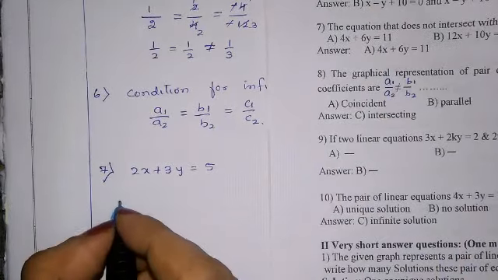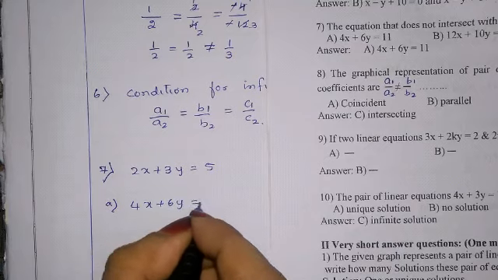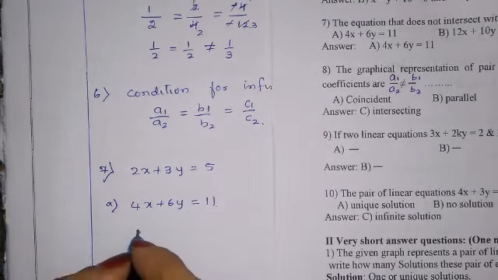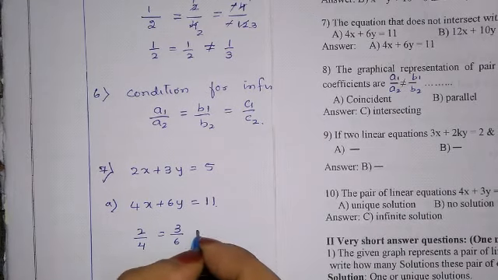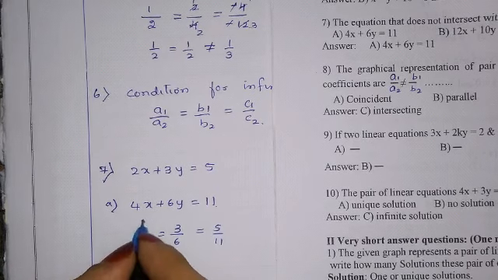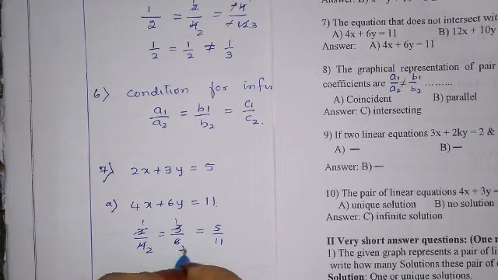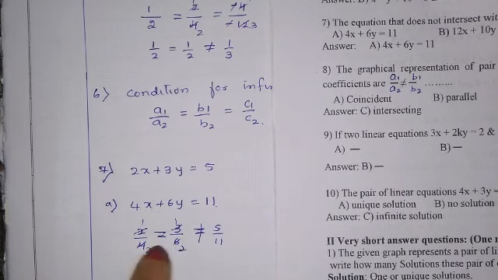Now the first option they have given is 4x plus 6y is equal to 11. Now let us see 2 upon 4 is equal to 3 upon 6 is equal to 5 by 11. So 2 upon 4, 2 ones are 2, 2 twos are 4, 3 ones are 3, 3 twos are 6. This is equal, but this is not equal. So it is not intersecting.